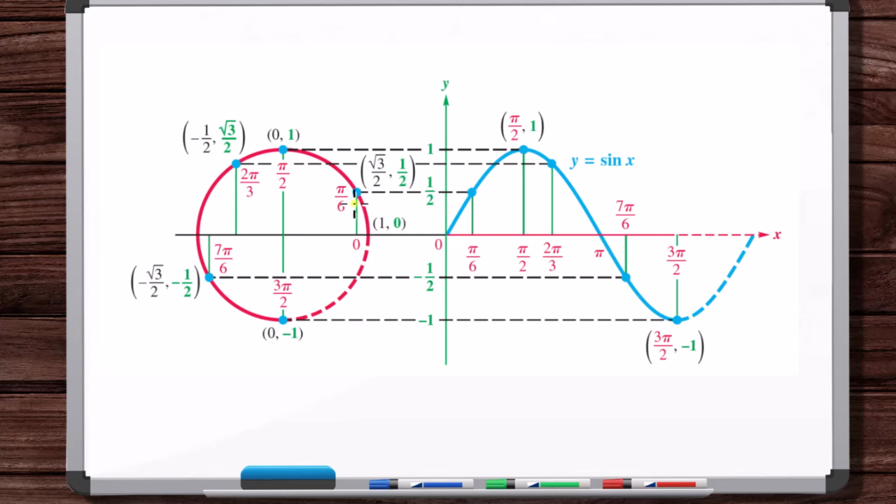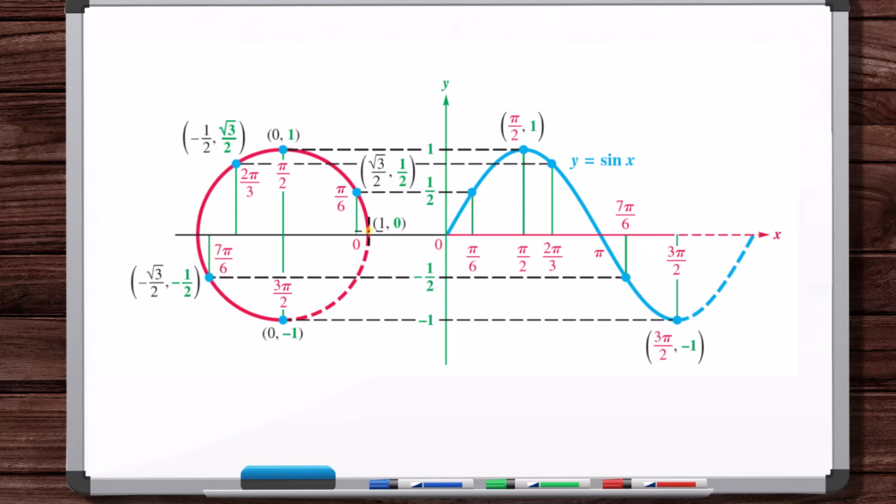We know sine represents the y coordinate on the unit circle, and you can walk along the sine curve, and there will be this vertical alignment. As you walk along the sine curve, you'll be walking all the way across a period, going from 0 to 2 pi, let's say.